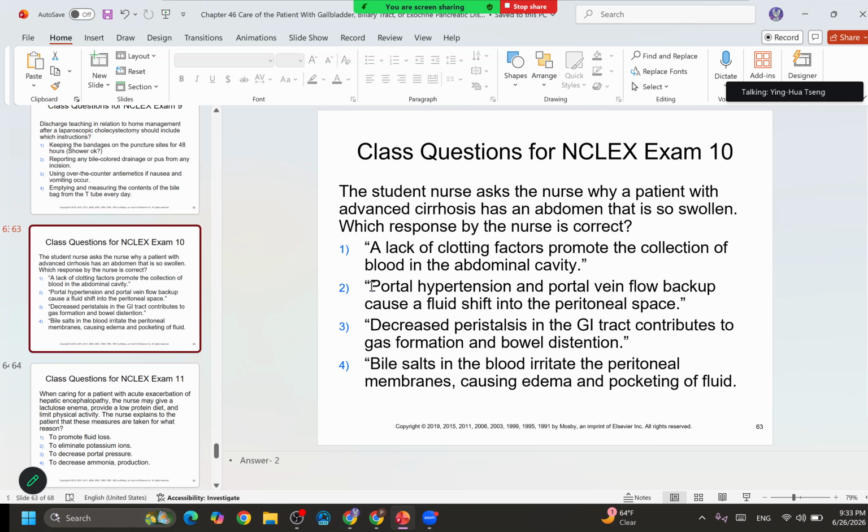Number 10. A student nurse asks the nurse why a patient with advanced cirrhosis has an abdomen that is so swollen. This is ascites. What response by the nurse is correct? It's long, just read carefully.